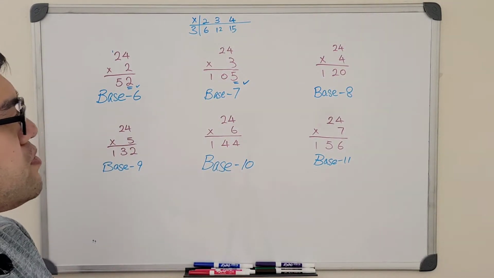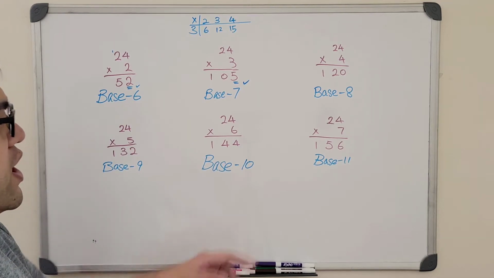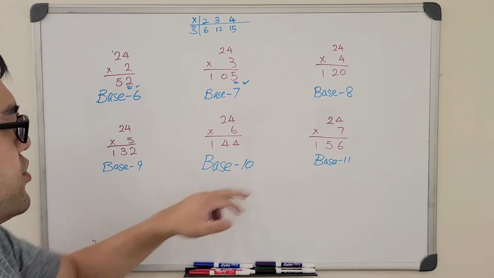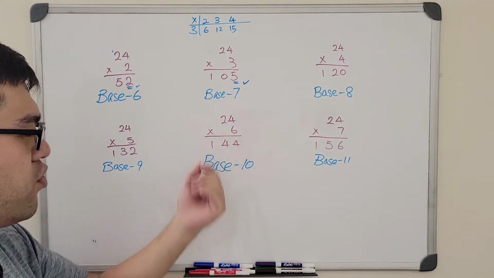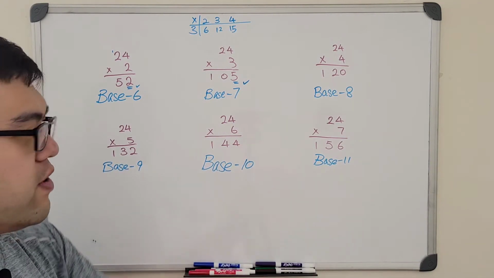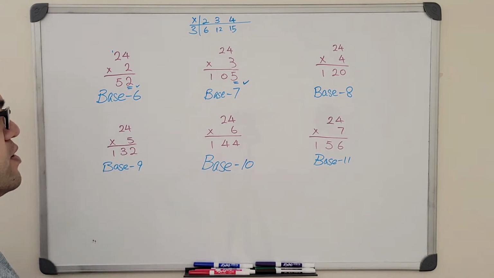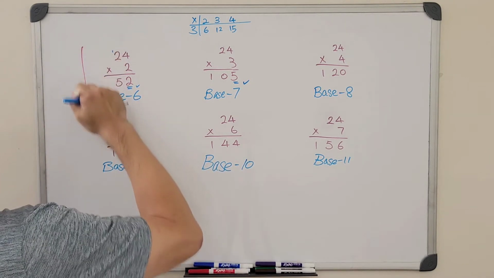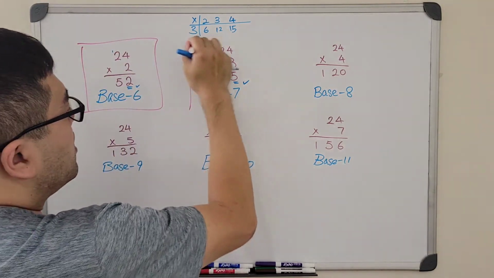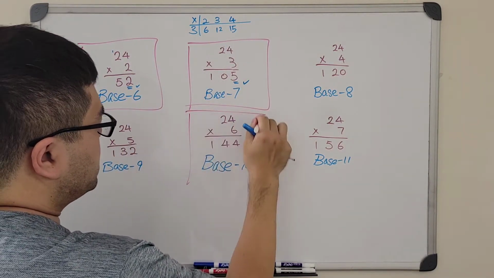Okay, so now we claim that the rest of the answers will be base 8, base 9, and of course base 10, which we have already confirmed, and base 11 for the last one. We already checked this, and of course, this one.